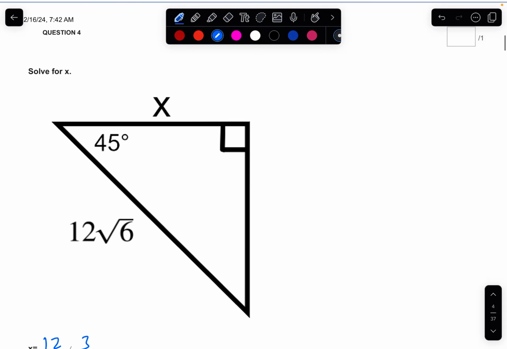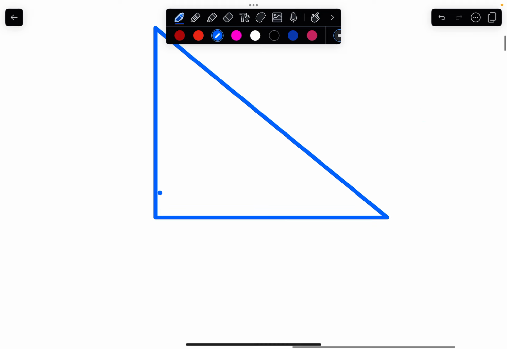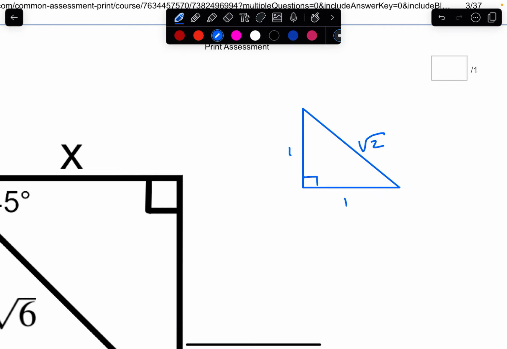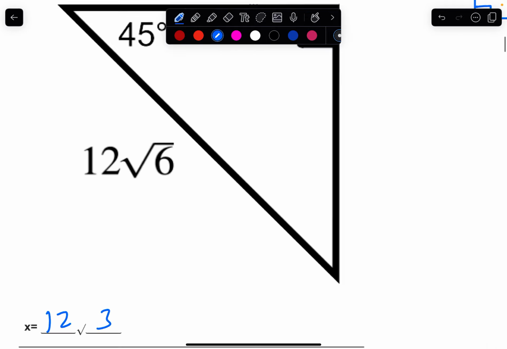Next question, 45, 45, 90 rules. Just as a reminder, what it looks like, every single 45, 45, 90 triangle reduces to these three numbers. 1, 1, root 2. Every single one. So we know that in this case the hypotenuse is 12 root 6.